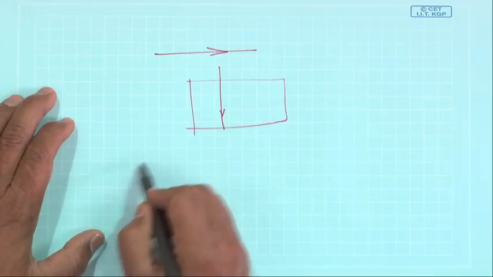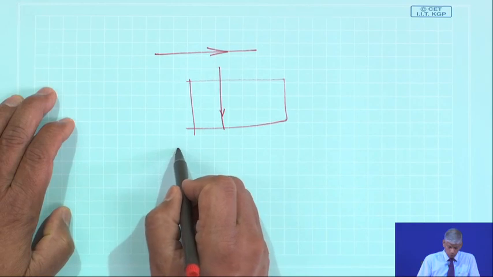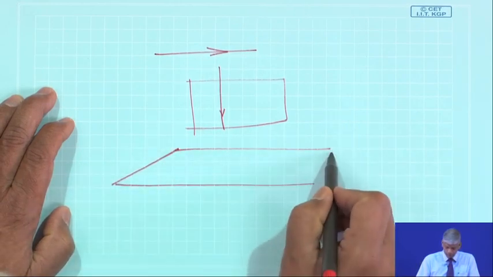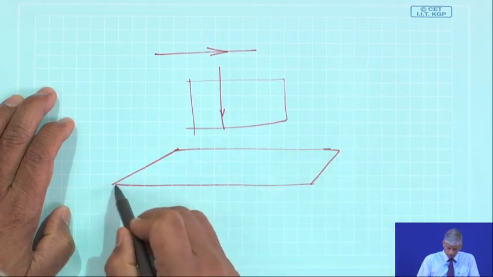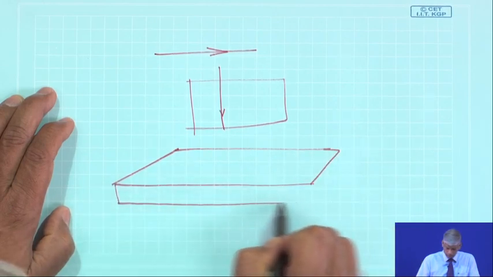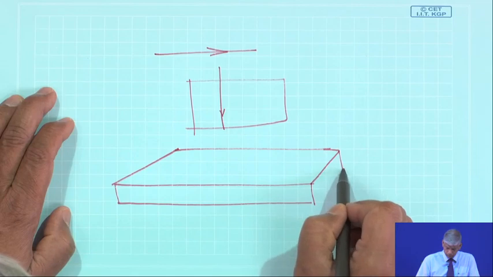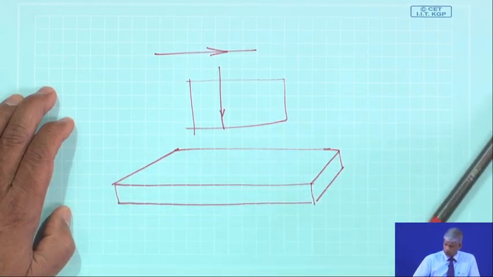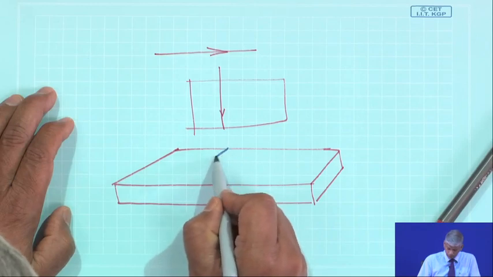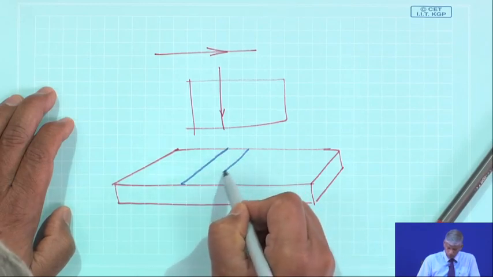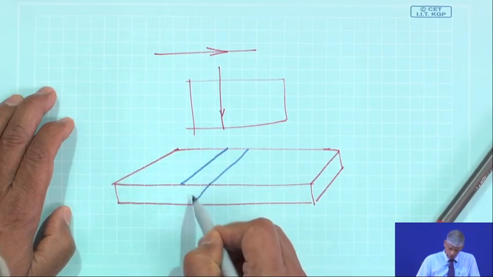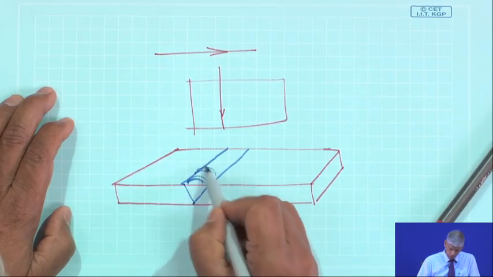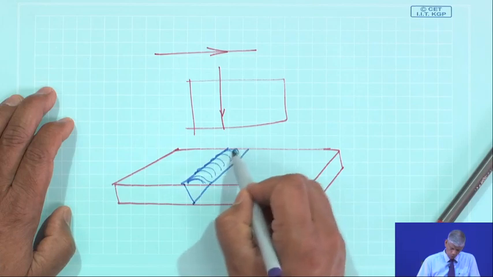I will give you an example again. Suppose I have two materials which I have welded. So, this is my weldment. We have made a V groove here, and these are all weldment.